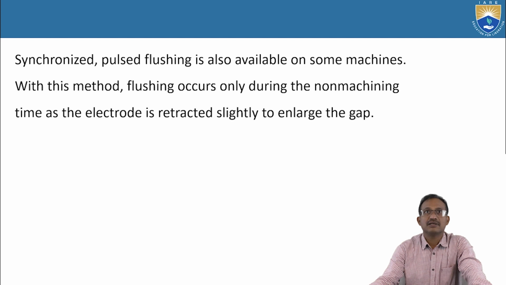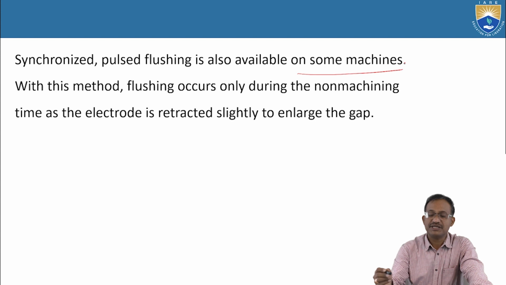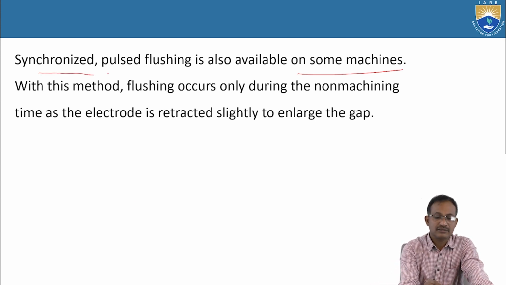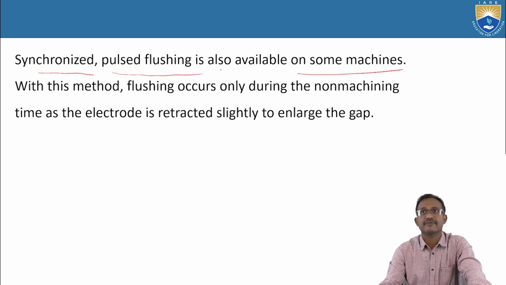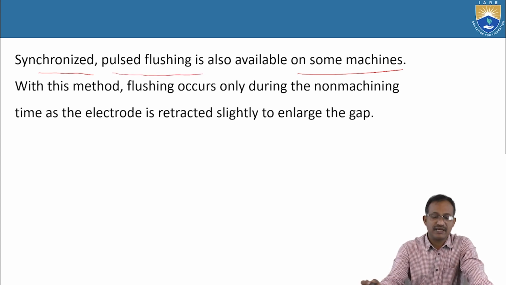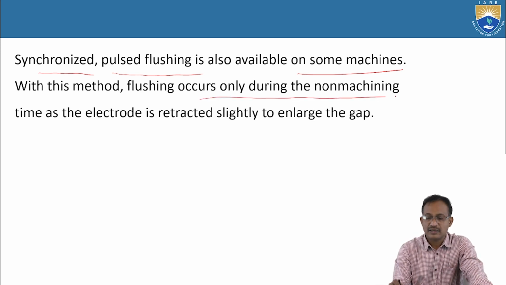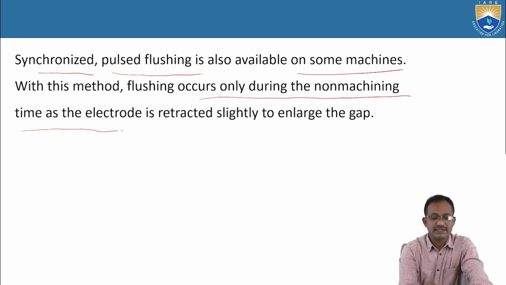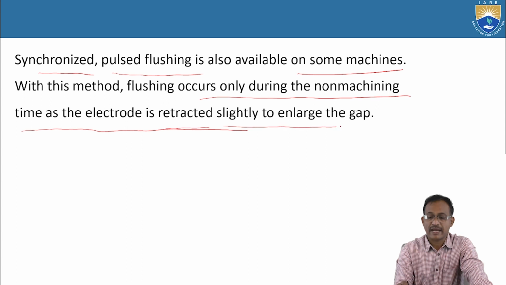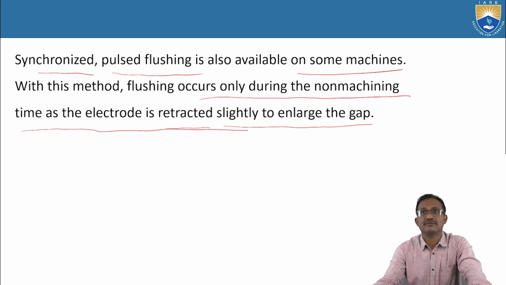Synchronized pulsed flushing is also available on some machines. So this is an additional one, synchronized pulsed flushing. With this method, flushing occurs only during the non-machining time as the electrode is retracted slightly to enlarge the gap. So in synchronized pulsed flushing, what is happening?